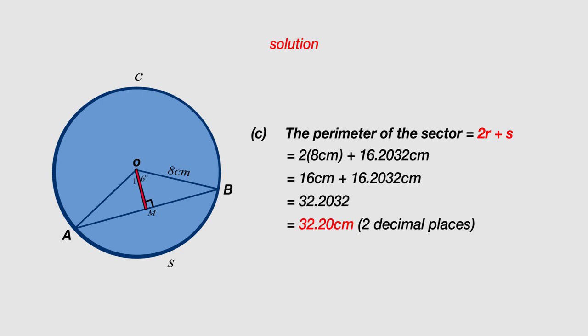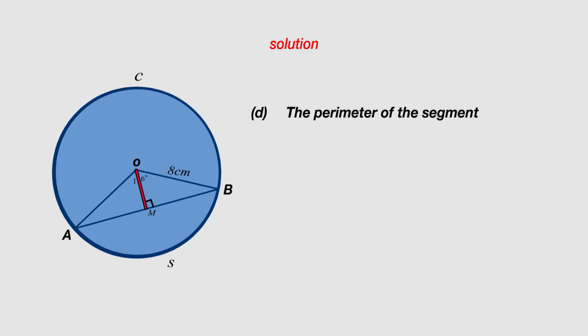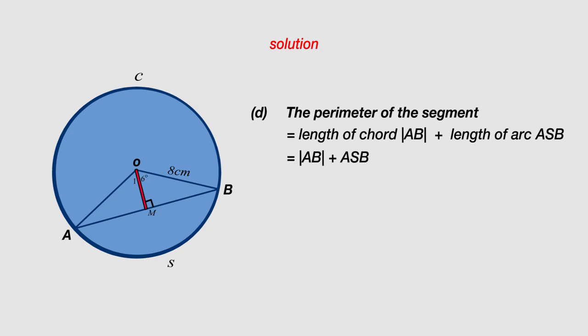Now, the D part of the question says, find the perimeter of the segment. Remember, perimeter is the distance around the segment. And that will be equal to the length of the chord AB plus the length of the arc ASB.